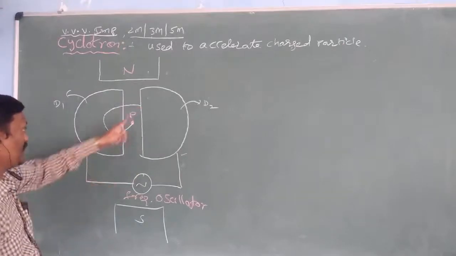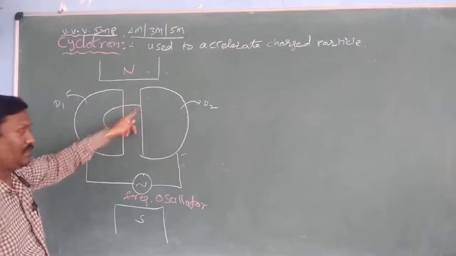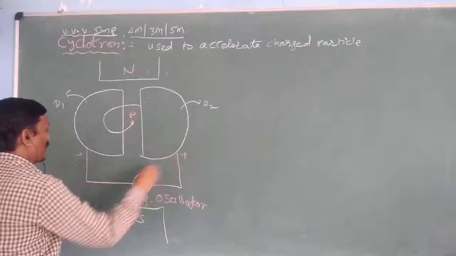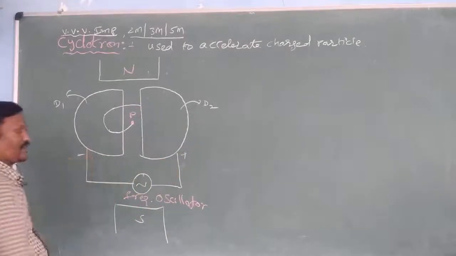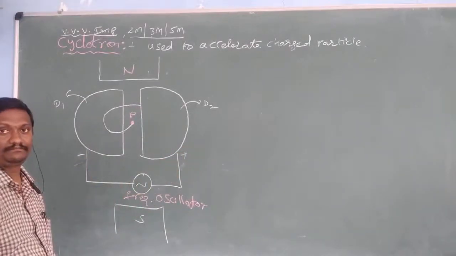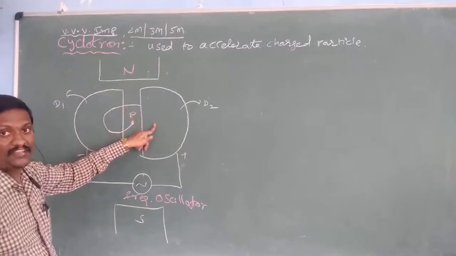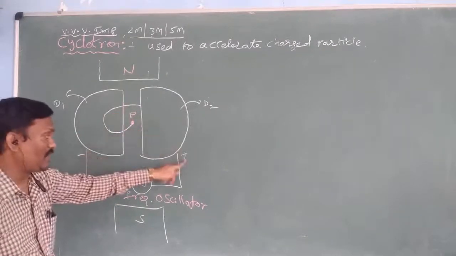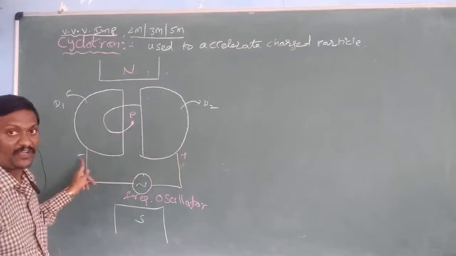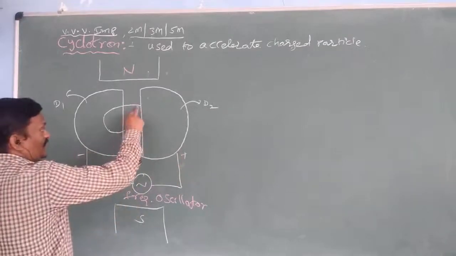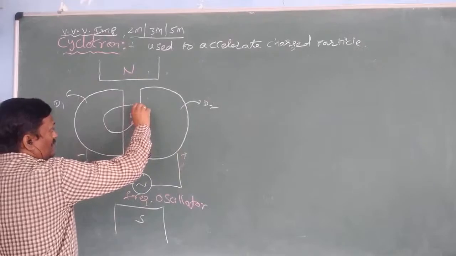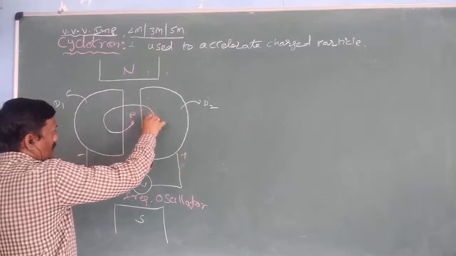When the charged particle enters disk D2, D2 has positive polarity and D1 has negative polarity. When a positively charged particle enters a positive field, acceleration takes place here also.